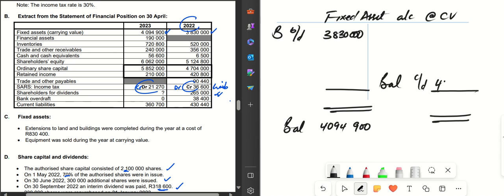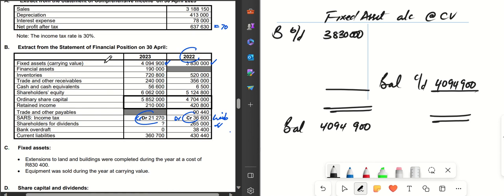It's 4,094,900. Okay. So the other thing that I will need to bring in is depreciation. So I'm going to bring my depreciation here, and my depreciation is 413,000. Did we have any additions? Yes. So here is my bank, which is 830,400.